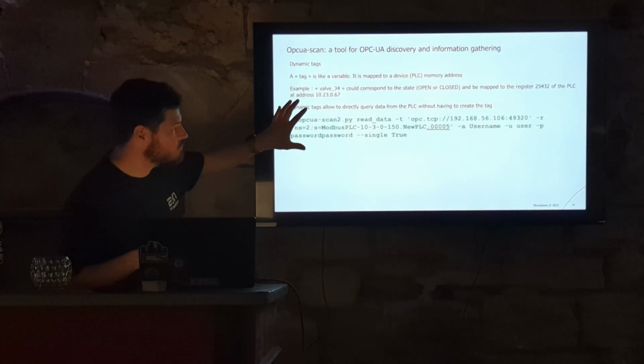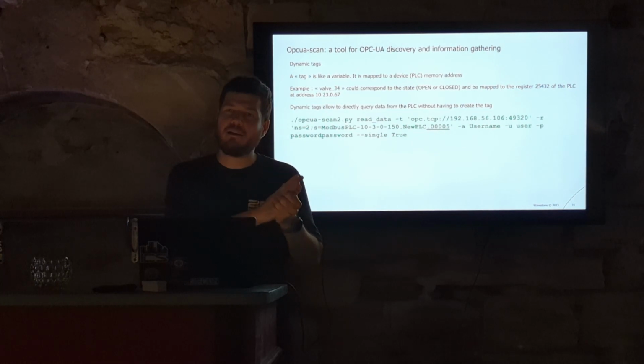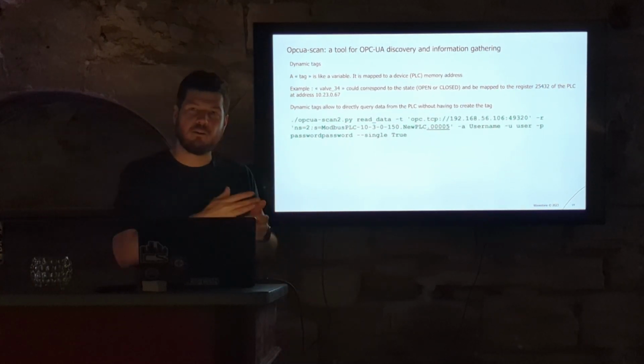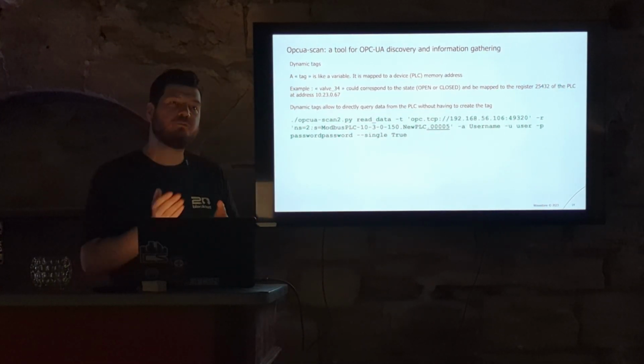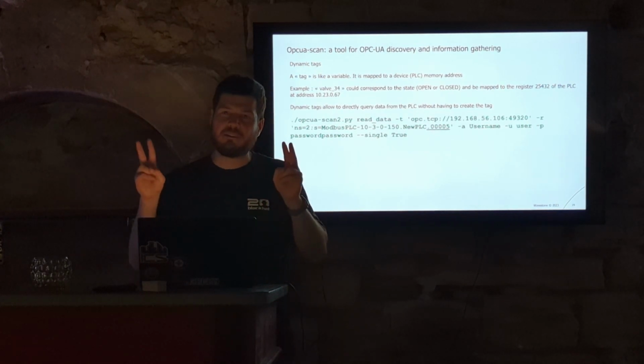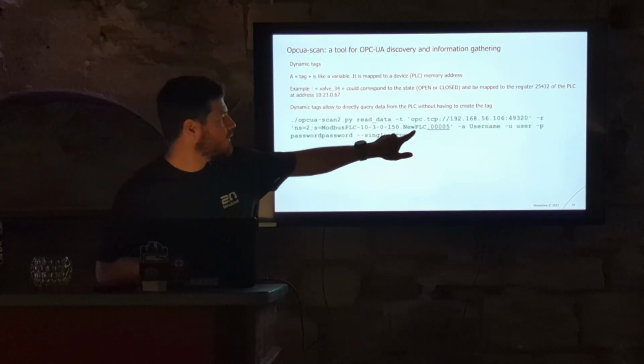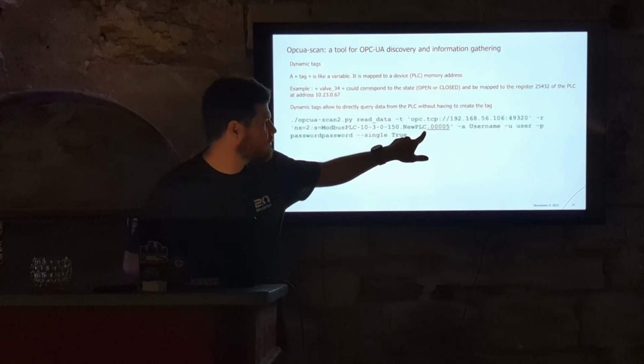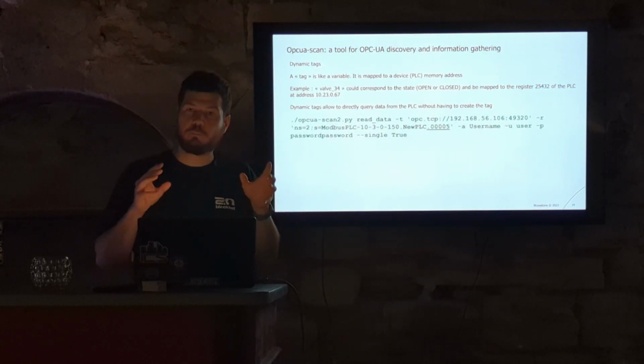what is possible is that I will not have the access right to modify a specific tag. But if my user is authorized to use dynamic tags, instead of typing in the name of the tag, I can just type in directly the address of the memory of the PLC.